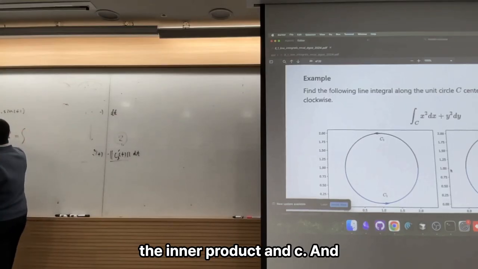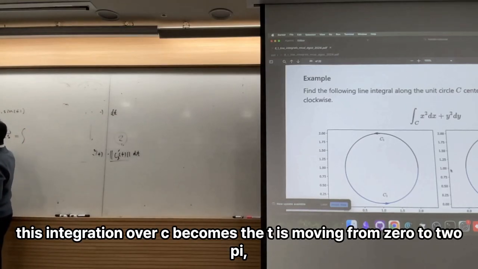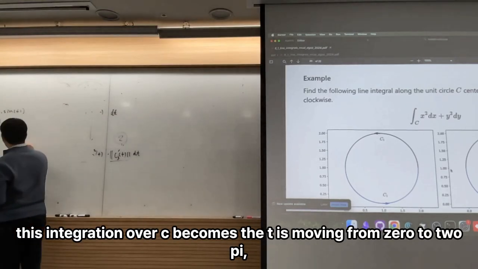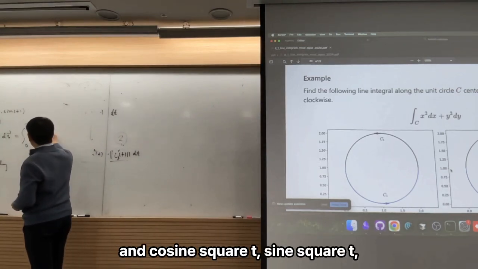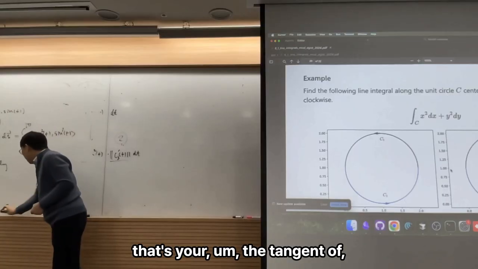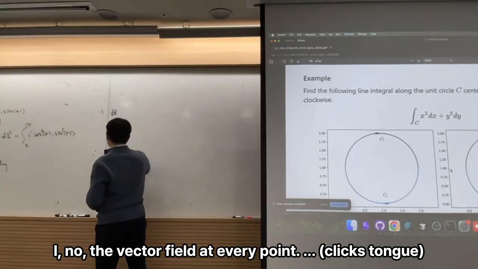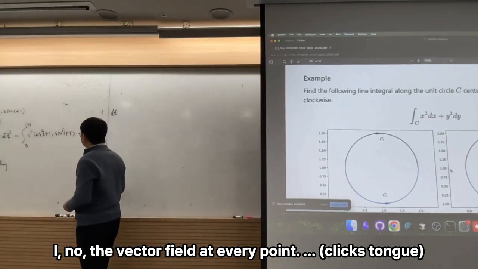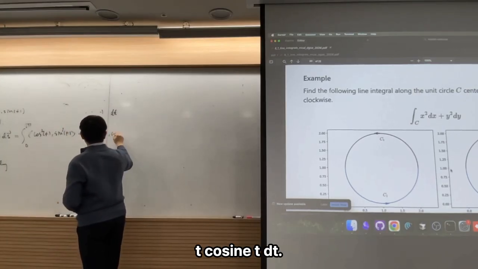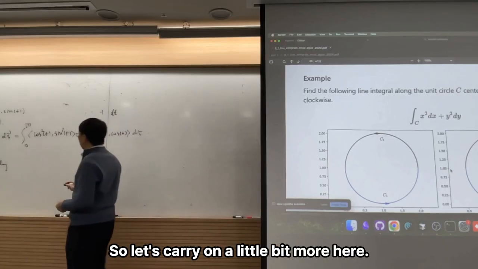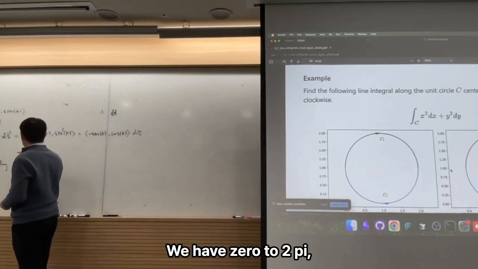The integration over c becomes t moving from 0 to 2 pi, and cosine squared t, sine squared t is the vector field at every point t, in the inner product with c prime, which is minus sine t, cosine t, dt. Let's carry on a little more here. We have 0 to 2 pi.